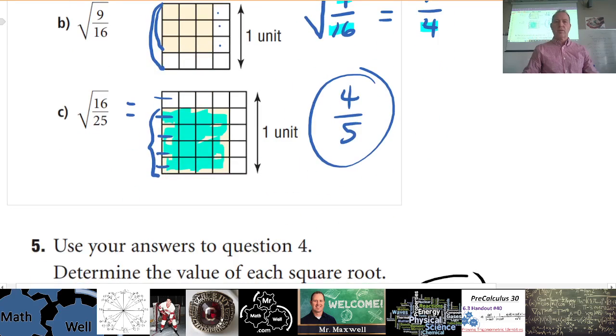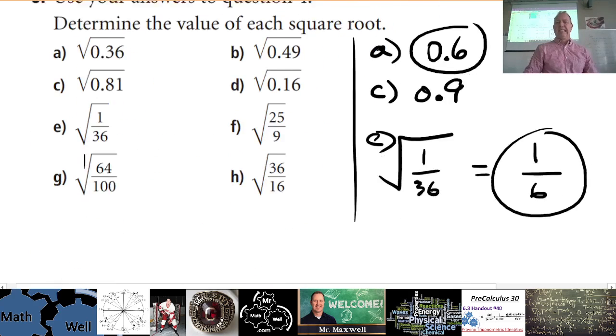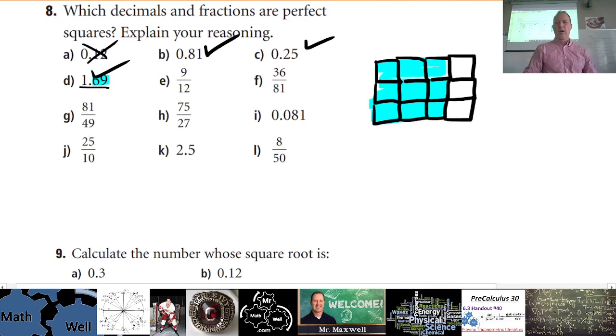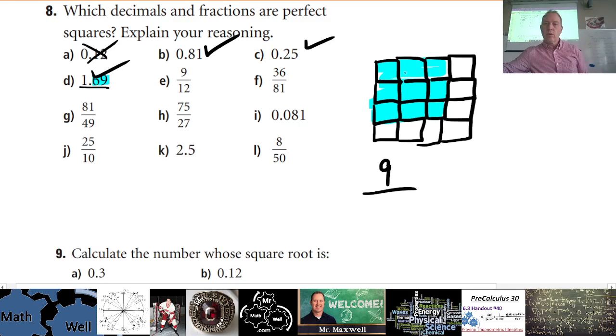So if it's going to be a perfect square, this is not going to work to draw it like this. There would have to be a row here as well. So that would actually be 9 out of what? 9/16. Now that's a perfect square. You see? So this one is not.